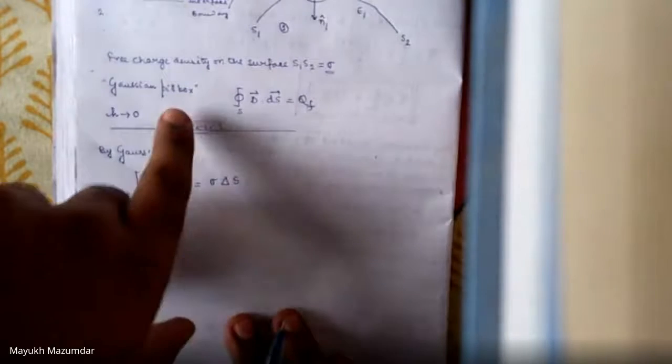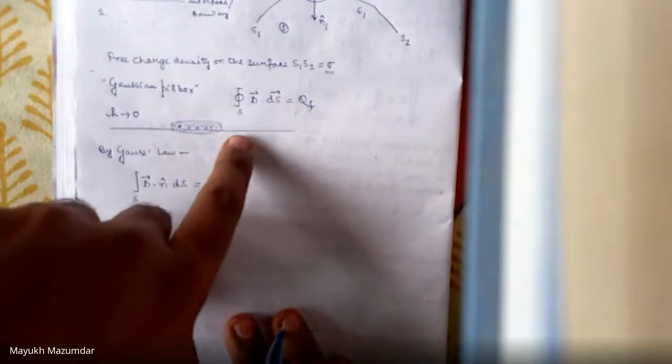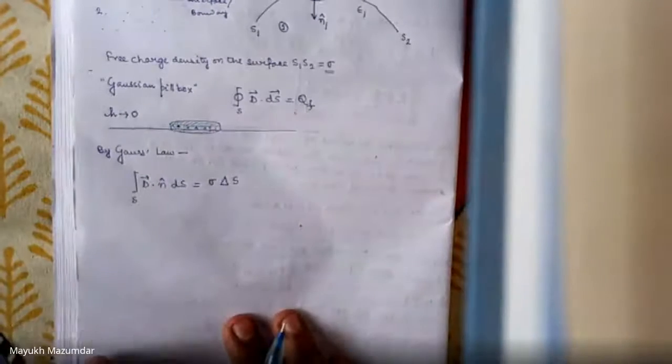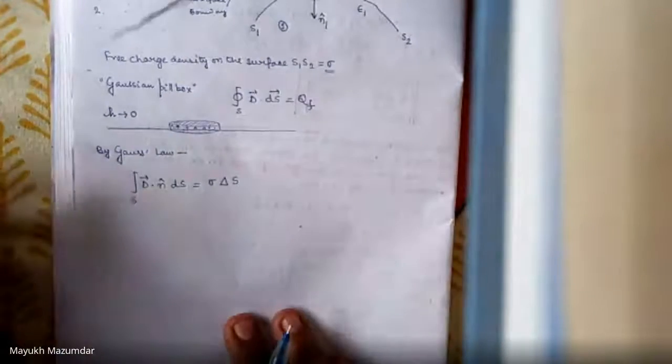That is another reason why we are choosing this side very small, so that virtually these two flat surfaces are on the boundary. Then only I can apply this thing because sigma is on the boundary, not away from that.